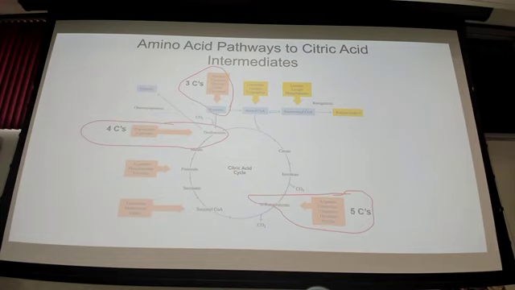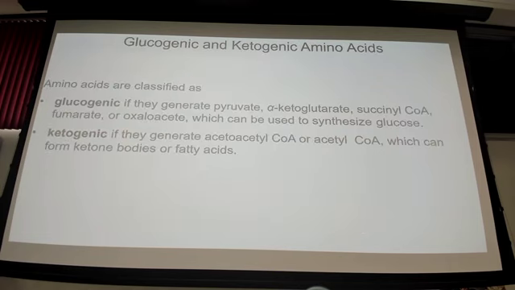All right. And so if these carbon skeletons are used to produce alpha ketoglutarate, acetyl-CoA, pyruvate, or any intermediate of glycolysis or the TCA cycle, they are considered to be glucogenic.